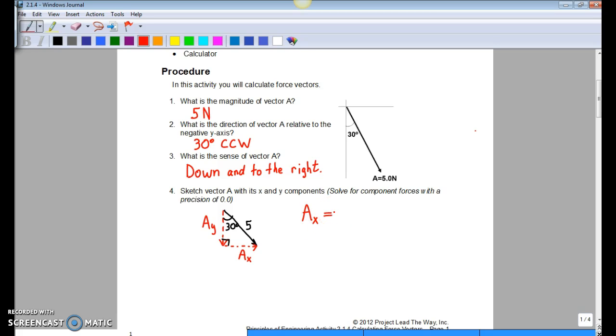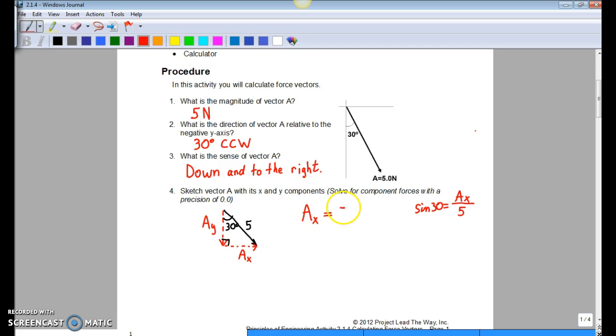So if we wanted to solve for A in the x direction, well, let's see. Let's do some quick trig here. Sine of 30 is equal to the opposite, which is A in the x direction over the hypotenuse 5. So we use that to answer the question A sub x.